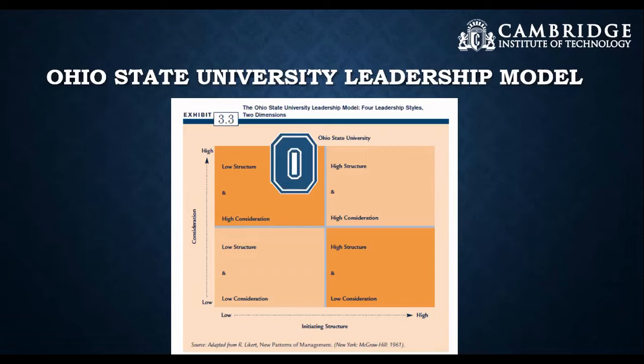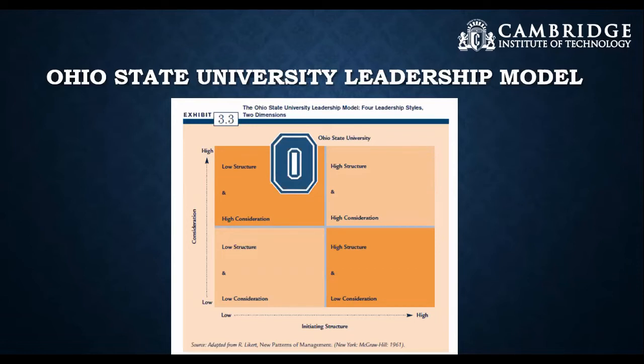It purely focuses on getting the task done or the work done. Whereas consideration behavior is essentially the same as the employee-centered leadership style, it focuses more on meeting people's needs and developing good human relationships with the team.